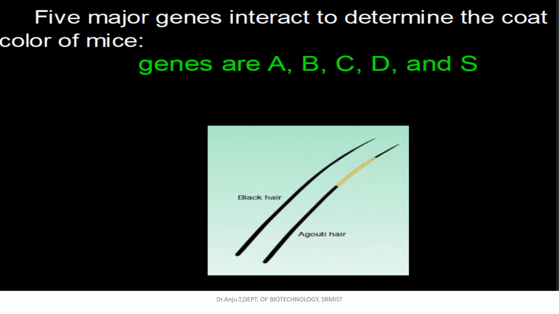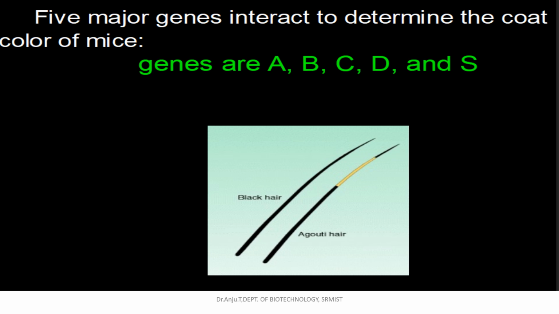Usually the animal fur coat is determined by at least 5 genes, that is A, B, C, D and S. For our study, we will see the gene interaction between A and C, which is responsible for hair color pigmentation, that is one agouti hair color and second one is black pigmentation.